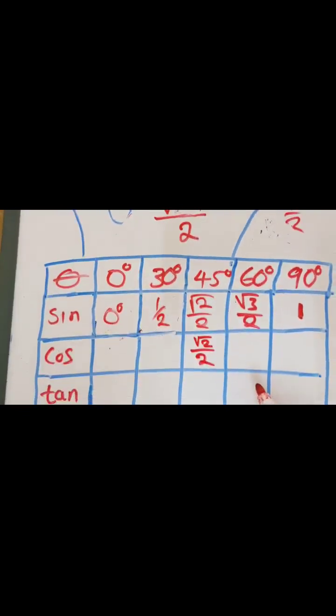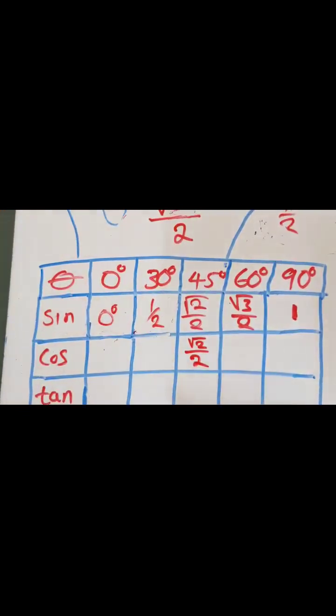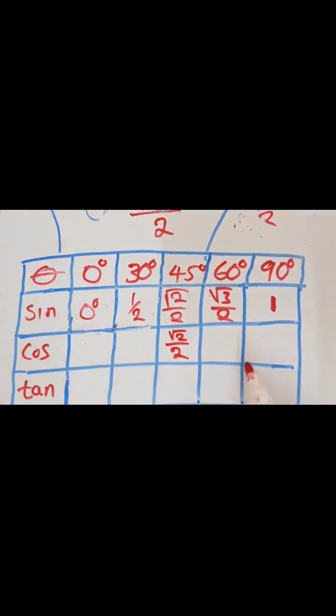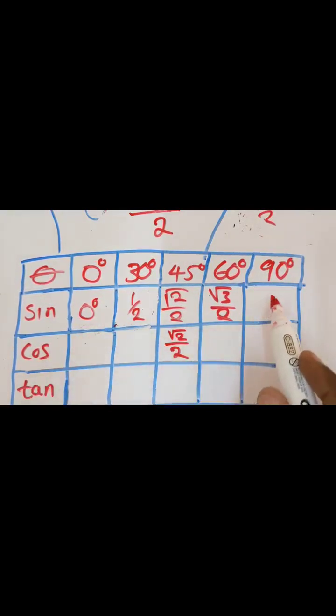So even here, if you don't want to waste time, what you can do is, cos is the reverse of sine. Cos is the reverse of sine. So meaning that here, the reverse, it will be going like this. So meaning that it is a reverse.